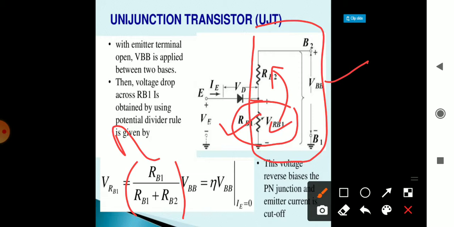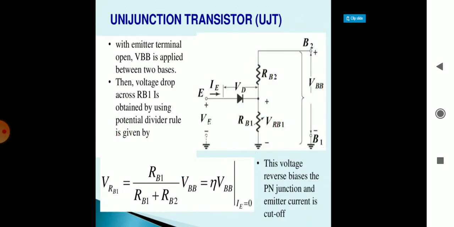The value of this eta ranges from 0.5 to 0.8. So if I simplify VRB1, I can represent RB1 by RB1 plus RB2 as eta, the intrinsic standoff ratio. Now the voltage available across RB1 is nothing but eta into VBB. Till here it is clear, no?